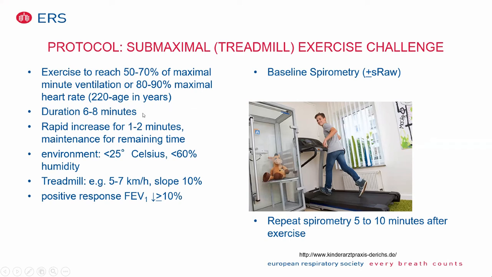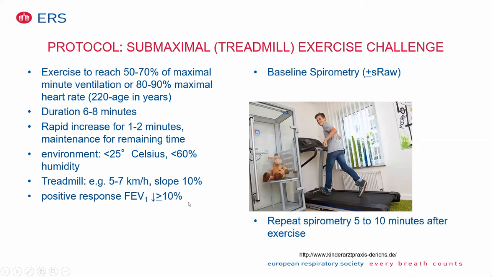To do that, you let him run for 6 to 8 minutes with a protocol where you increase the speed and the steepness of the treadmill for 1 to 2 minutes, and then maintain this speed and steepness for the remaining time. You should have a stable environment, and standard settings for the average child are a speed of 5 to 7 kilometers per hour with a slope of 10%.